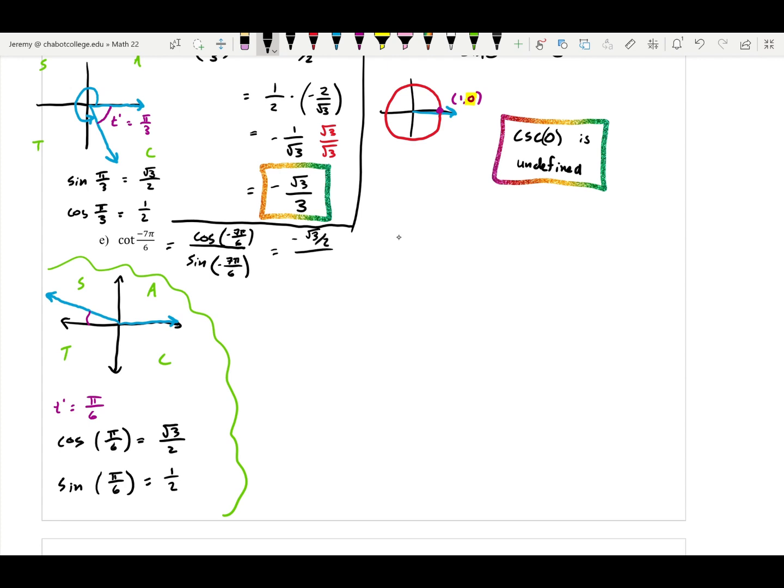And sine will be positive 1 over 2. And now we've got to simplify, so it'll be negative root 3 over 2 times the reciprocal of the denominator, which is just times 2. We could write this as 2 over 1. We get a cancellation of that common factor of 2, so we just get negative root 3 as our answer.